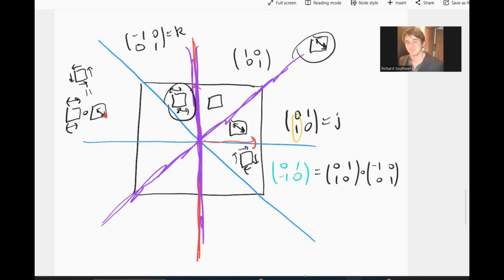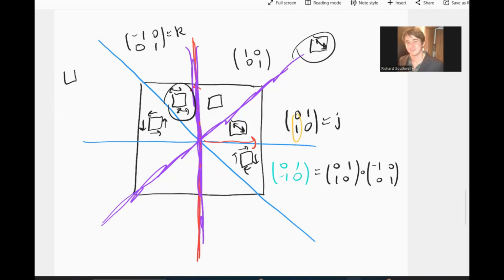Well, if we start here, then we go along here, and then we go up here. So the net effect is to go up there. If we start here, first we do this. That doesn't change anything. Then we do this. That moves us over here. So you can see what's happening. And so this is this symmetry here.